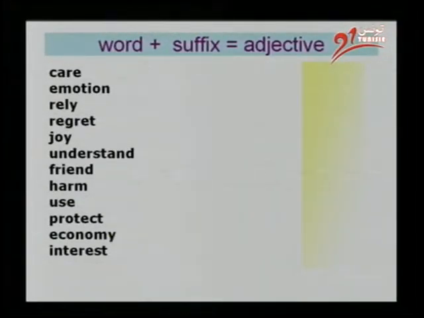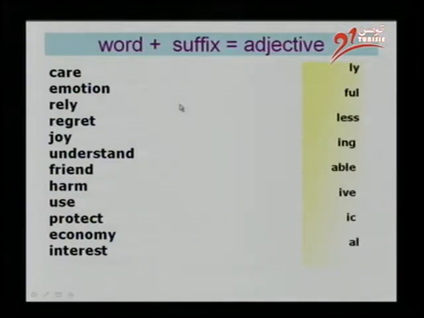Let's have these words here. In this list, we have what we call base words: care, emotion, rely, regret, joy, understand, friend, harm, use, protect, economy, interest. So you notice here there are sometimes nouns, sometimes verbs, sometimes adjectives.